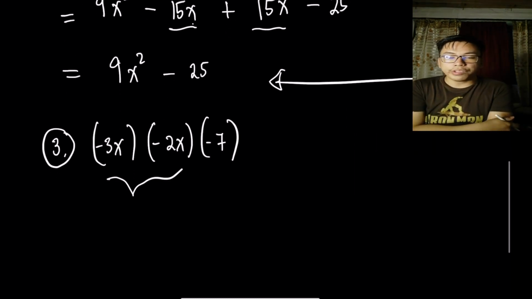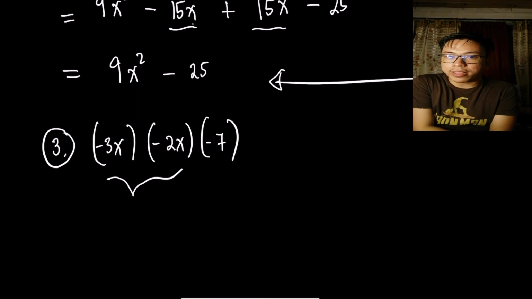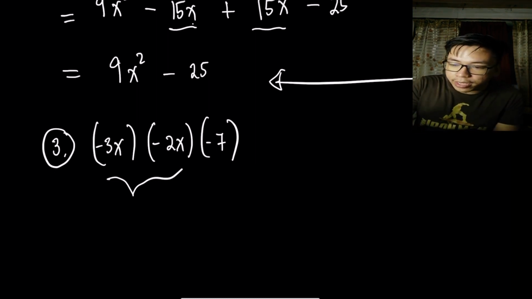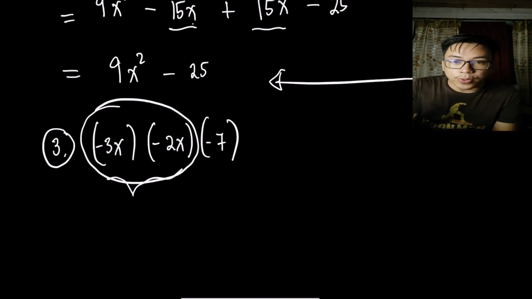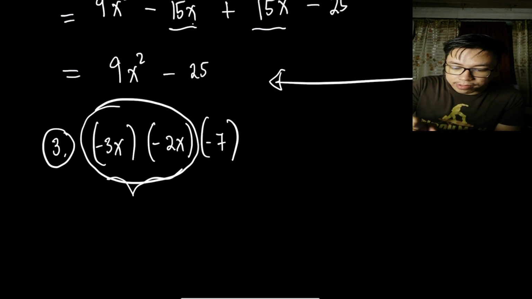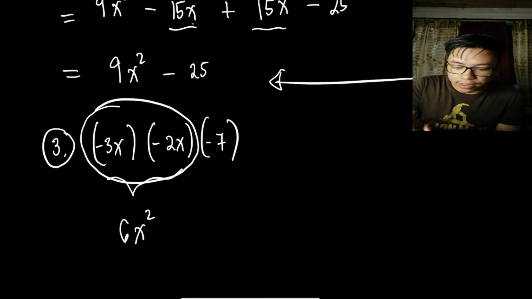So what we're gonna do is we have to examine the first 2. You just have to choose two of the terms there that you have to combine before you combine the third one, so that you're still following the rule of sign. So in this case, I'm gonna follow this first. So 3x and 2x, I'm gonna multiply that, I get 6, and then x squared because I'm adding exponents. In this case, there are 2 terms, so same sign, so that's positive.